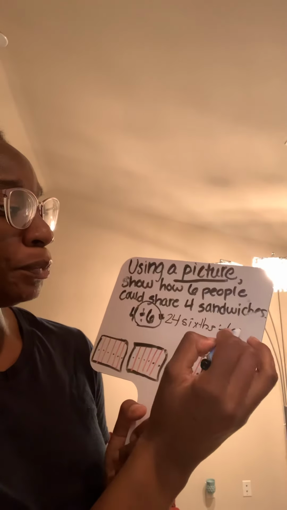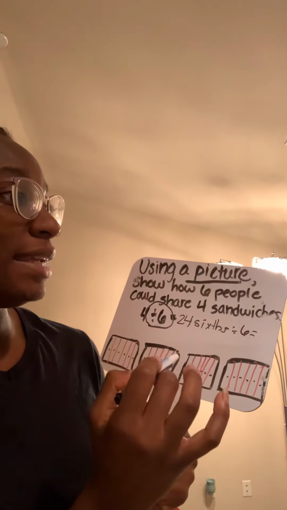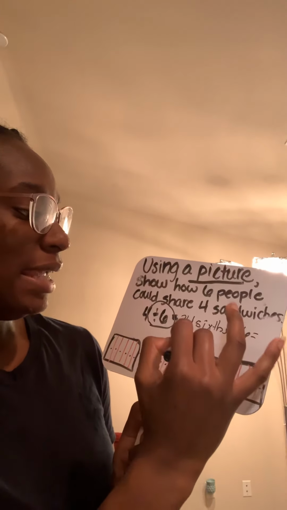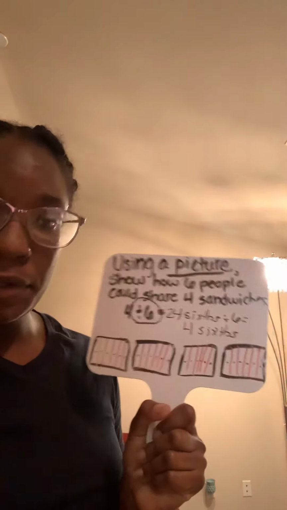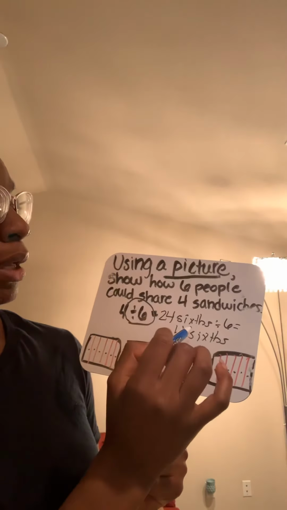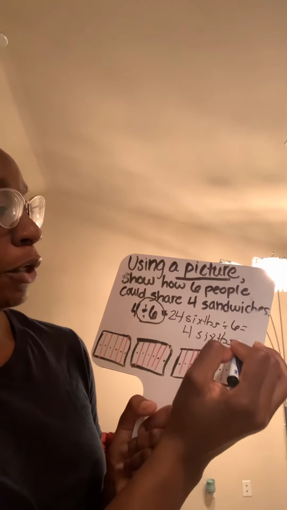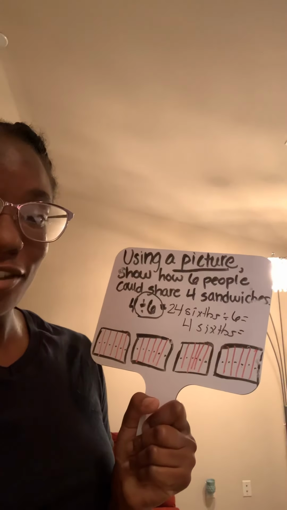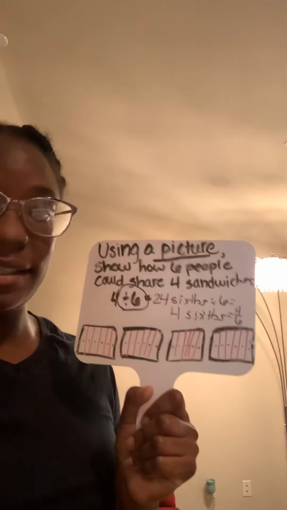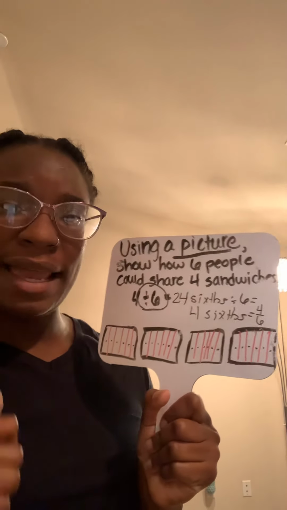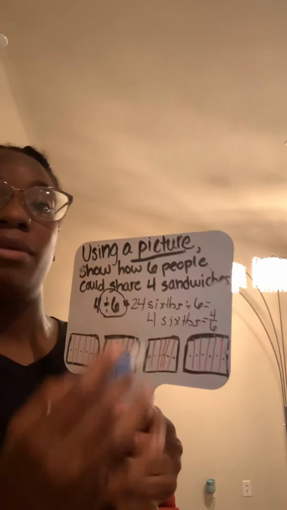All right? So we know that 24/6 divided by 6 is equal to 4/6. Okay? Now, when we write that out as our fraction, we've got 4/6.